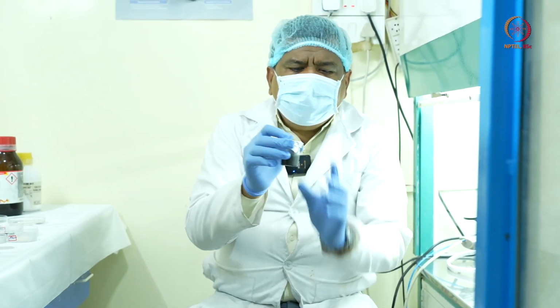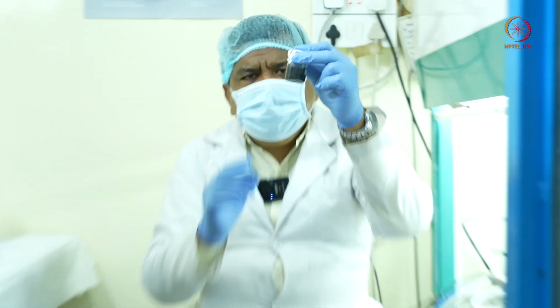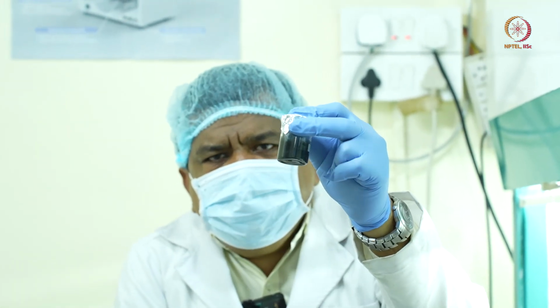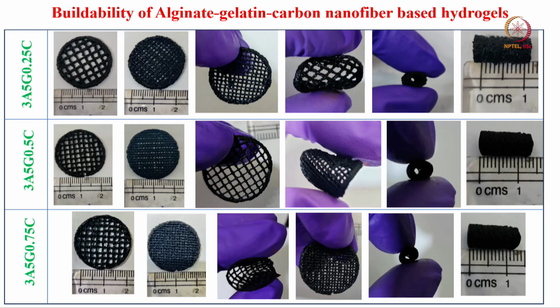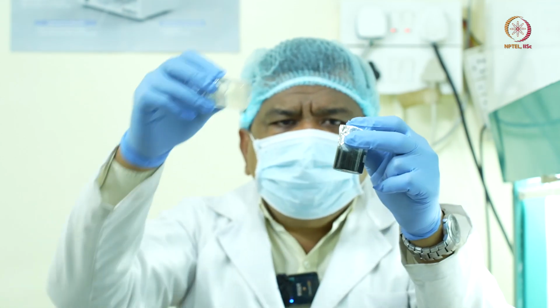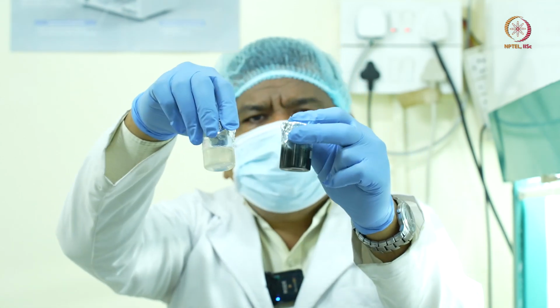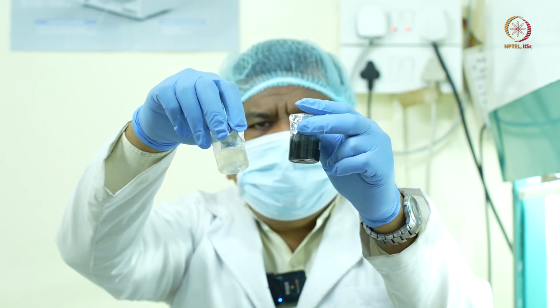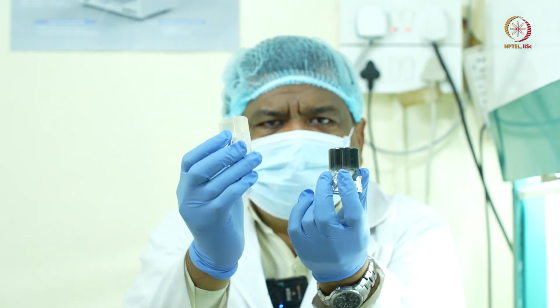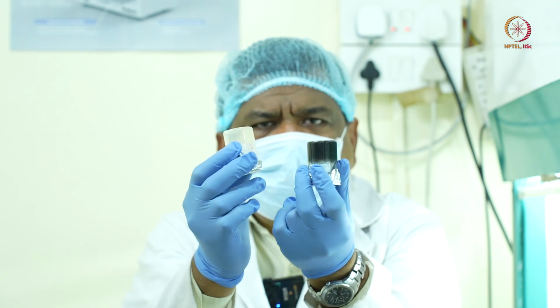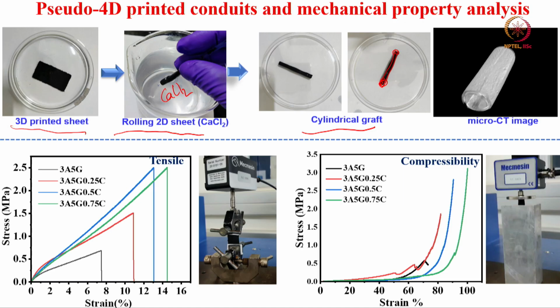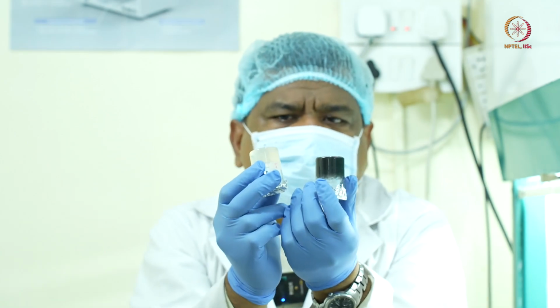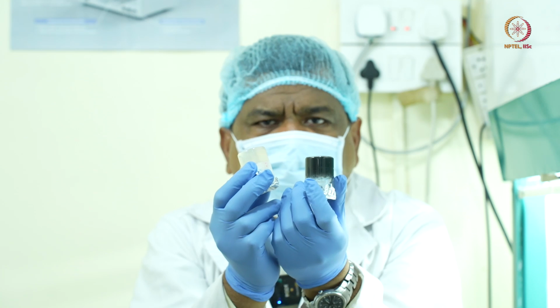Now this is the gel, you can see this is the black color gel. From the appearance of the black color you can immediately see that this must contain carbon nanofibers. So this was the original alginate gelatin gel. Now the moment you add even a small percentage of carbon nanofibers, you can make the gel appear black in color. This small amount can be 0.1% nanofiber, or 0.2% nanofiber.